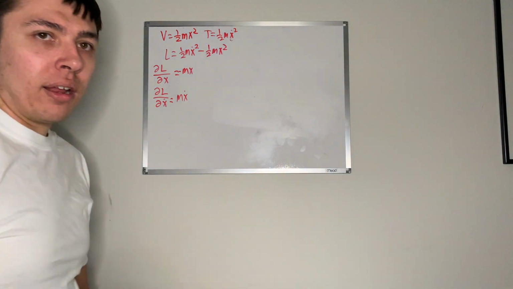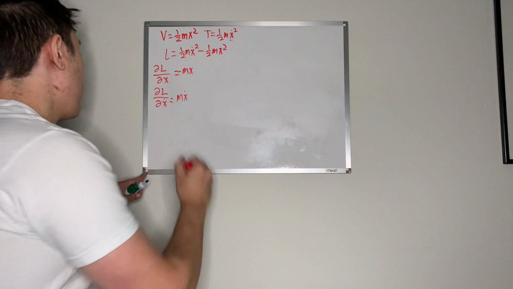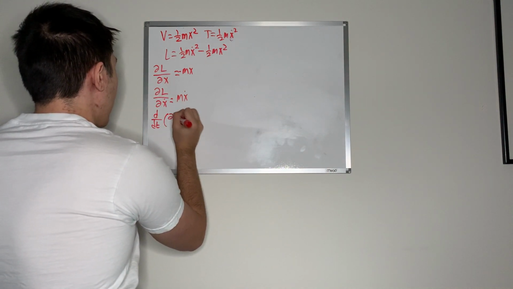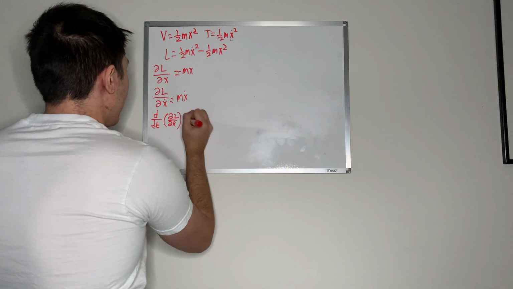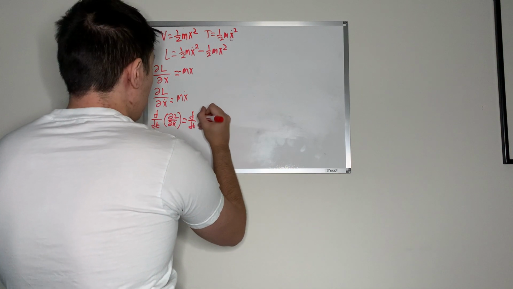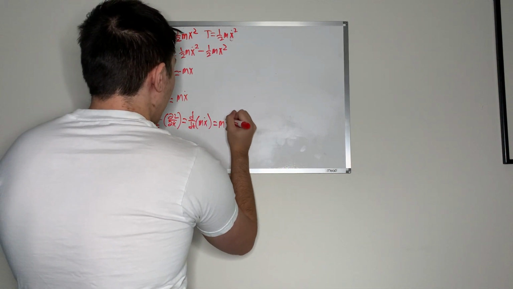And then don't forget, in our Euler-Lagrange equation, we have to take the time derivative of this, right? So d/dt of partial L partial x dot is simply equal to the time derivative of mx dot, which is simply equal to mx double dot.